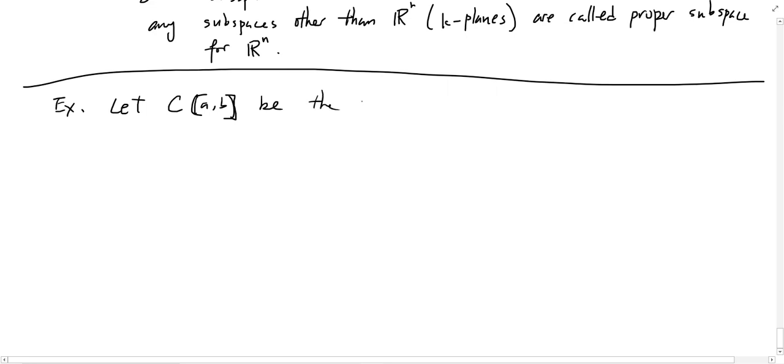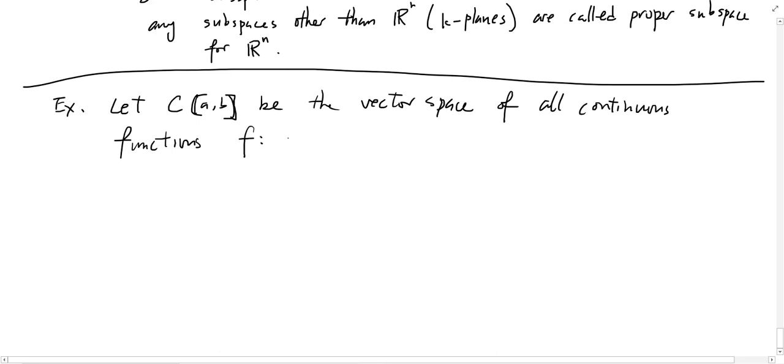Let C be the vector space of all continuous functions f that map from the domain A to B to the real numbers.